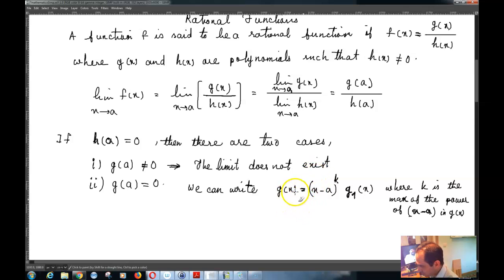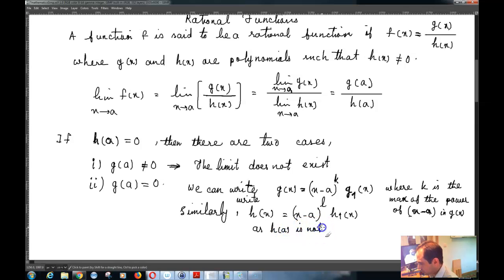And then similarly you can write h of x as x minus a raised to the power L times h1 of x, as h of a is not equal to 0.